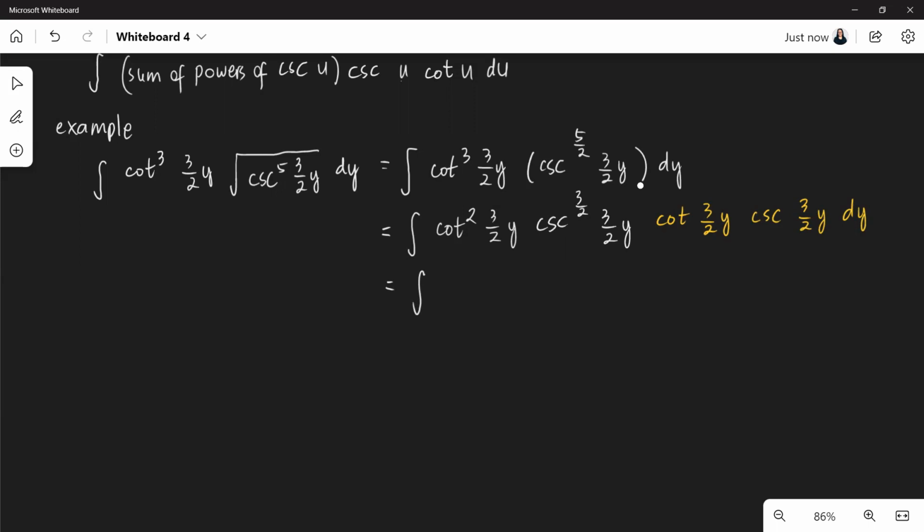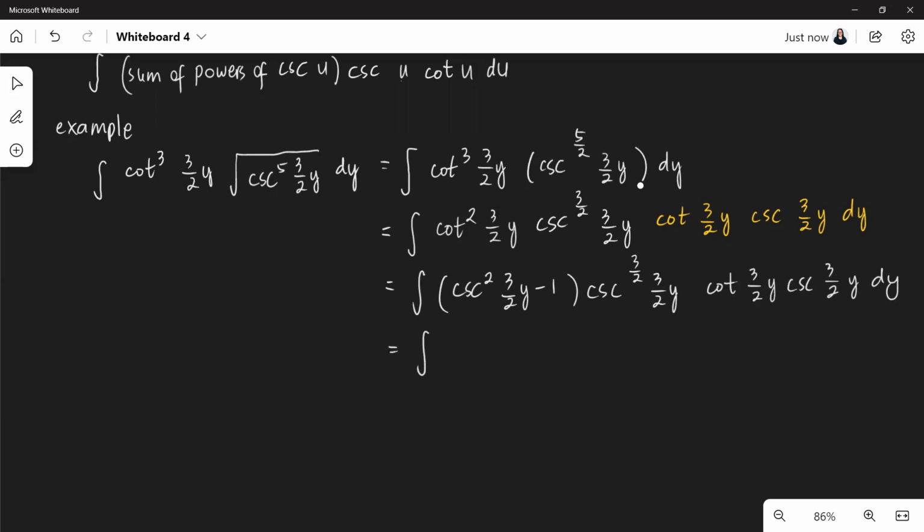Using the Pythagorean identity, this is cosecant squared minus 1, and then multiply it with the remaining cosecant here. This would form the du later. Right, and then multiply by cosecant raised to 3/2.